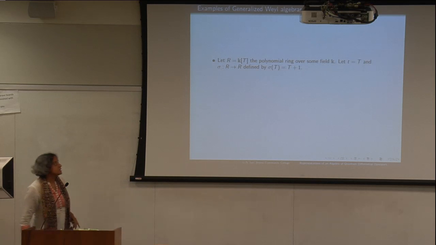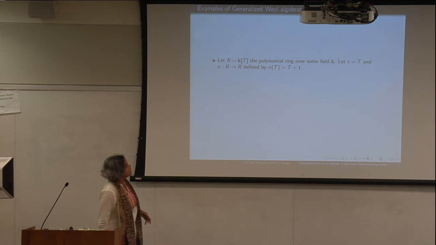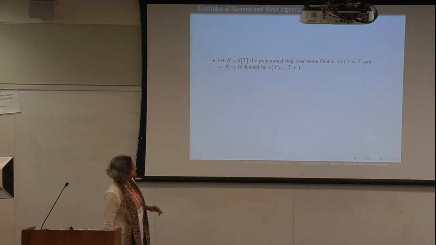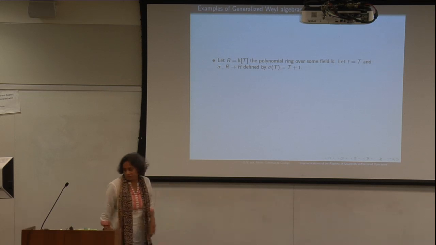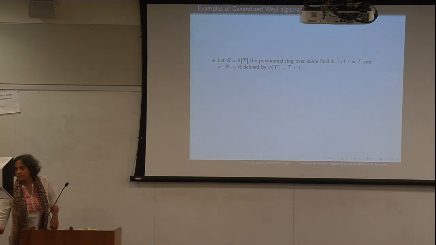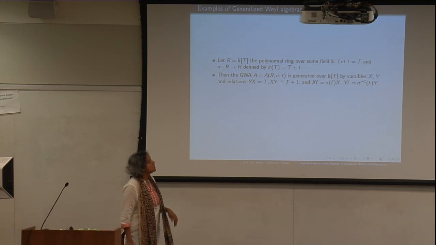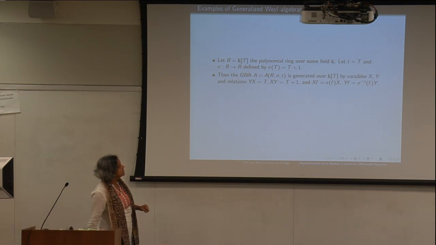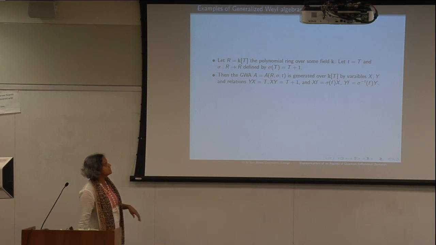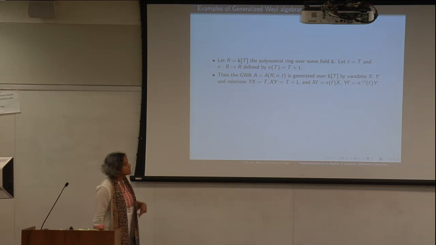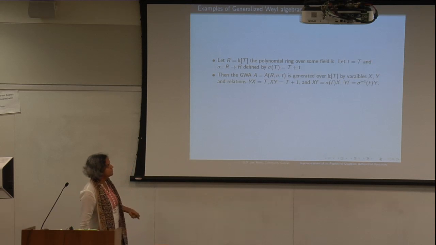Examples. Start with the polynomial ring in one variable, t. That t is your central element. Define the automorphism to be the shifting map. With this automorphism, the generalized Weyl algebra over k[t] is generated by two variables x and y. yx is t, xy is t plus 1, that's the automorphism.